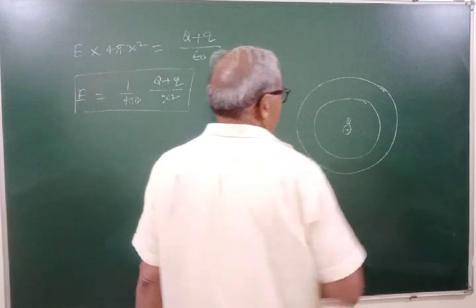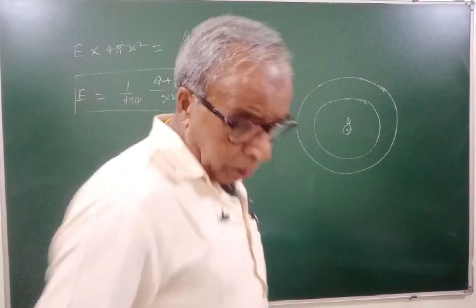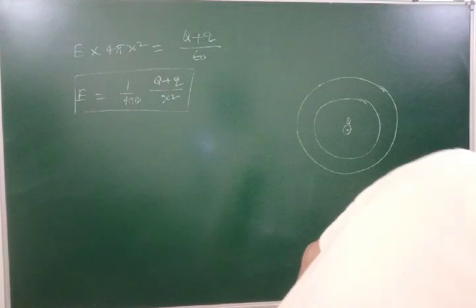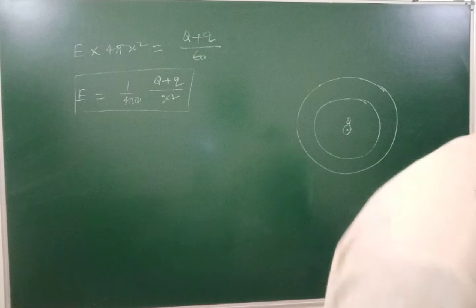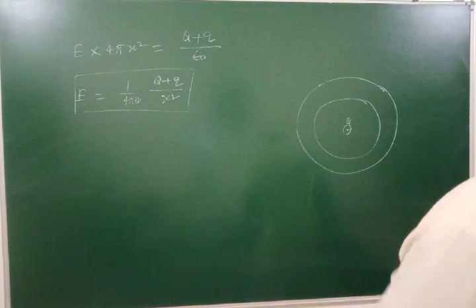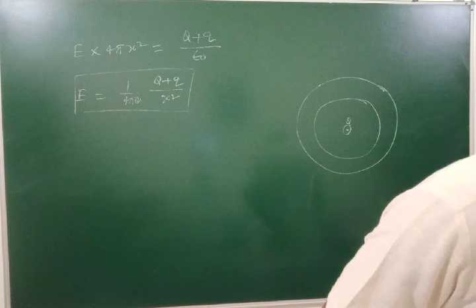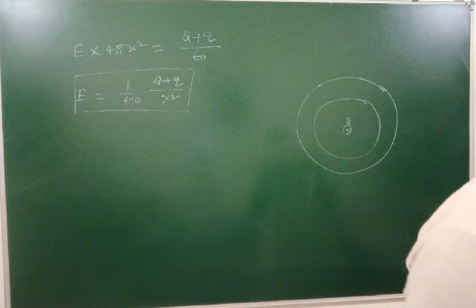You are asked here that a small sphere having charge q is located at the center of the spherical cavity in a large uncharged metal sphere.